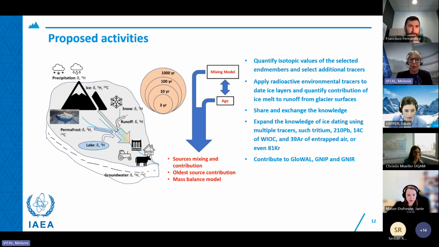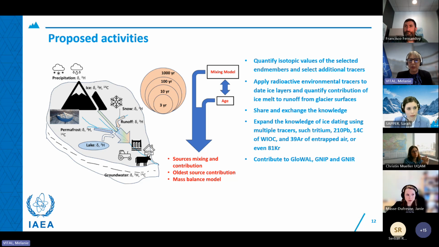Another proposed activity is the quantification of isotopic values of the selected end members and selecting additional tracers, applying radioactive environmental tracers to date ice layers and quantify the contribution of ice melt to runoff from glacier surface, and share and exchange knowledge between the participants of the CRP.